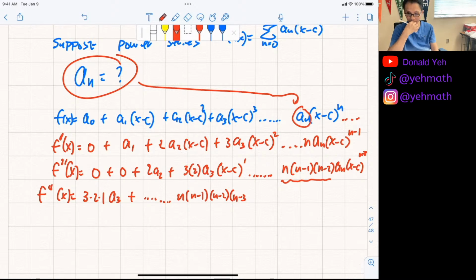So it's just going to keep on multiplying, and this is going to be a_n times x minus c to the n minus 4.